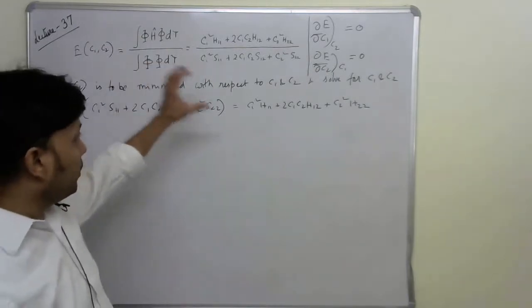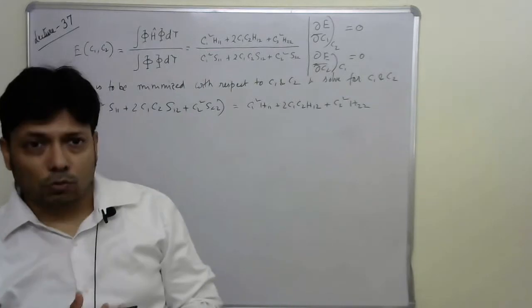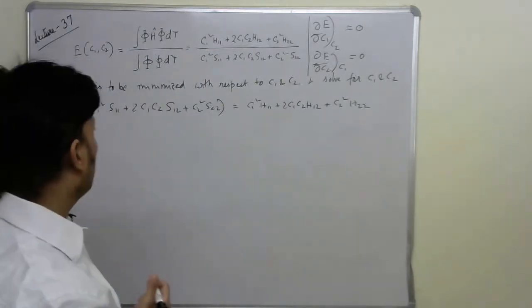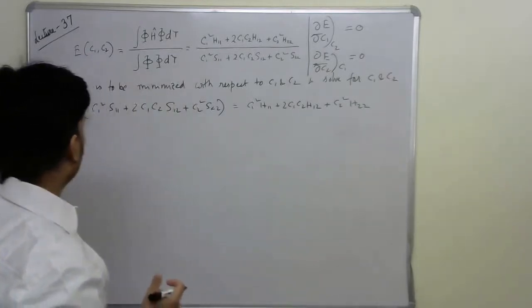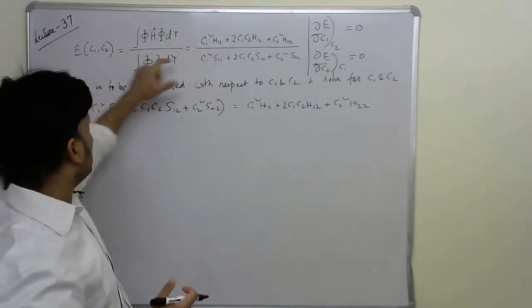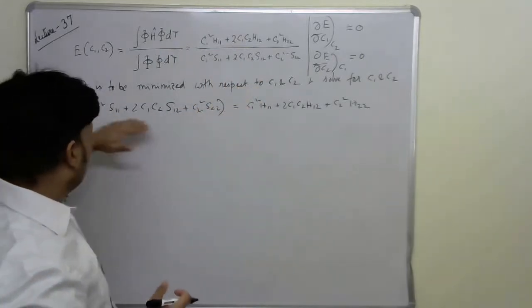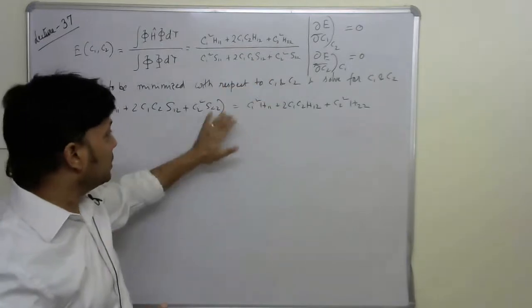From here we are going to find two simultaneous equations, so we have to frame those equations. Therefore I have written the above equation, and by multiplying E with this, it is equal to this.